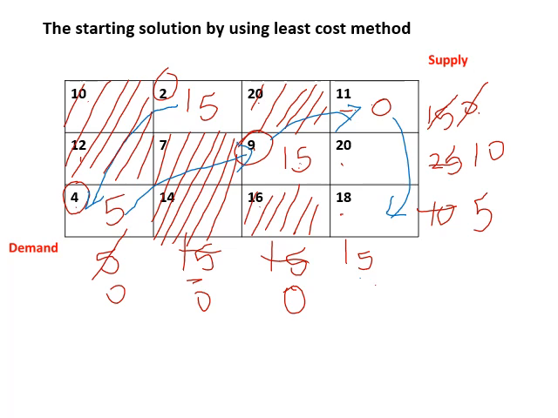So we will take the least value, which is 5, and subtracting it from the supply is equal to 0, subtracting it from the demand is equal to 10, and finally we have only one cell, and we will go to the cell of 20 and take the value which equal to 10 in the demand and 10 in the supply.